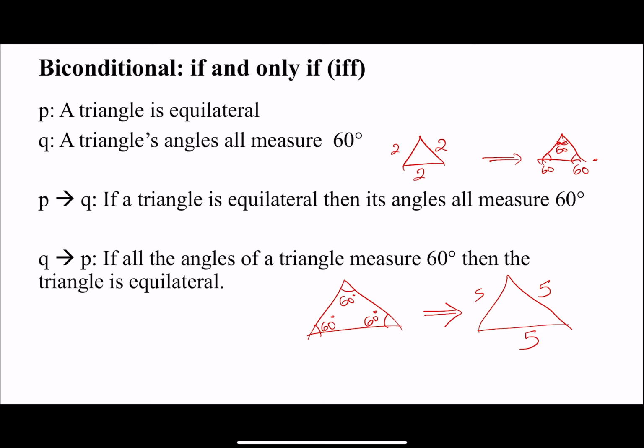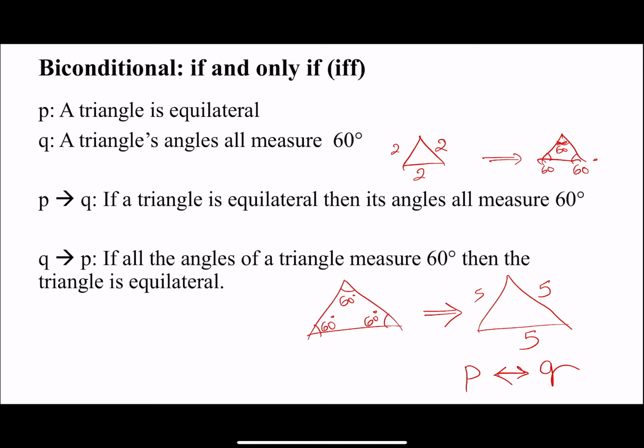So if P then Q is true, if Q then P is also true, so you have a biconditional statement, right? P if and only if Q. A triangle is equilateral if and only if its angles all measure 60 degrees.